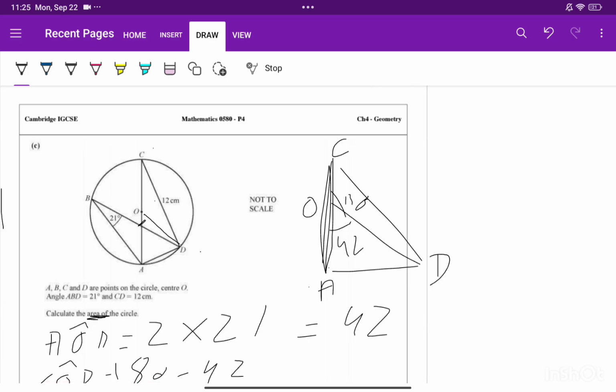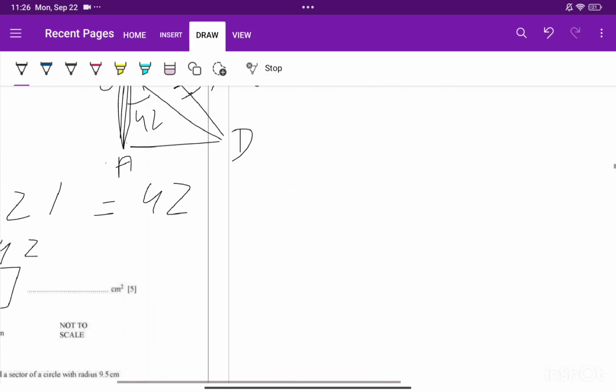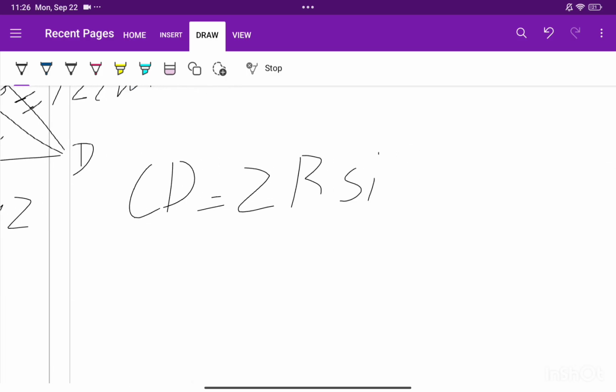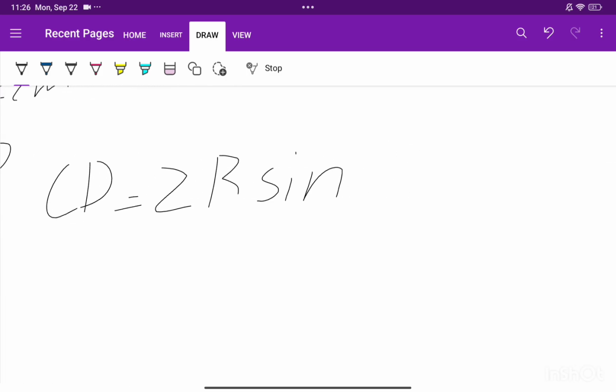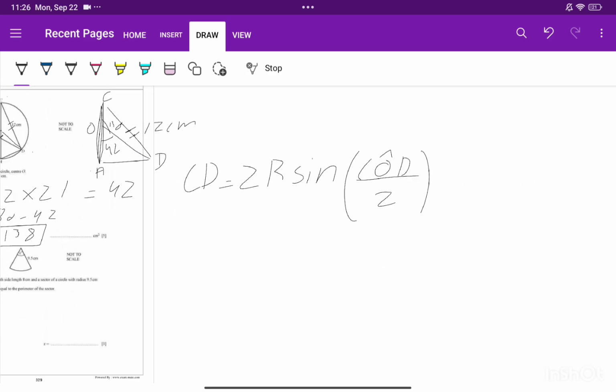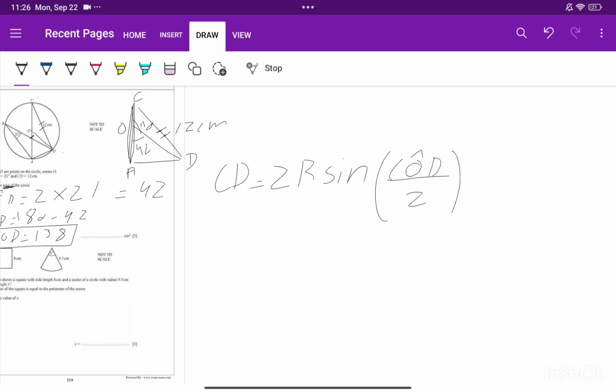And CD is what? This chord is 12 centimeter. So we can now use a chord radius relation, which is CD is equal to 2 radius sine of angle COD divided by 2. We know CD is equal to 12.